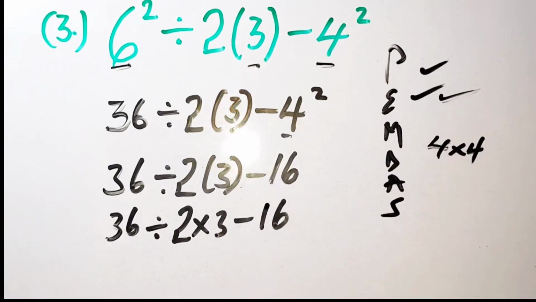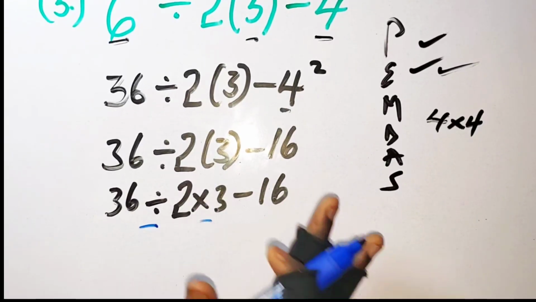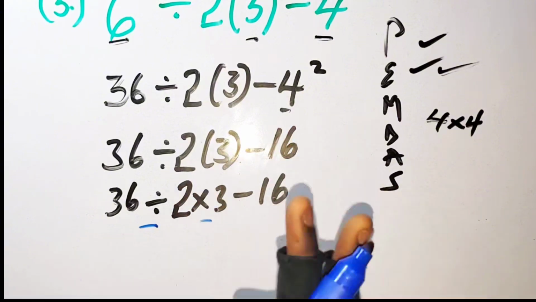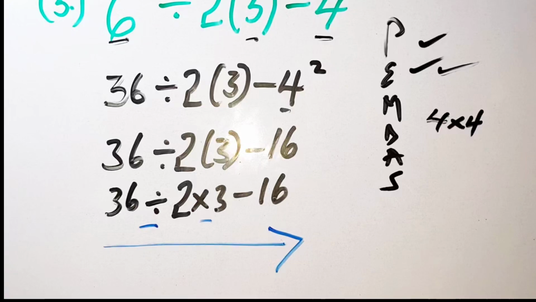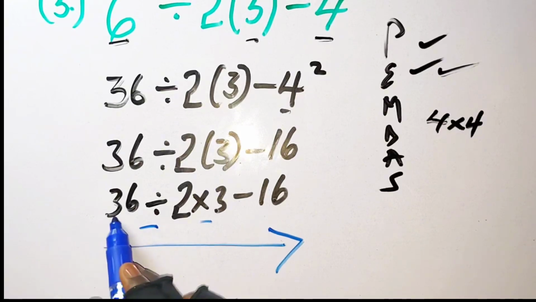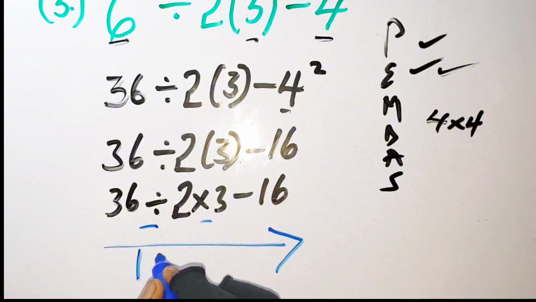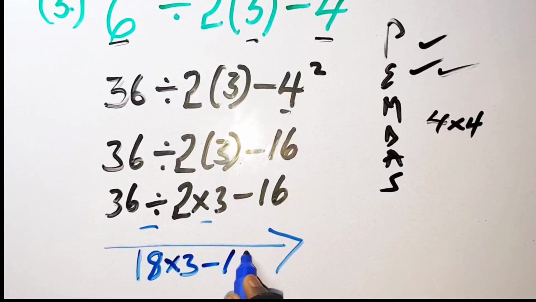Now, multiplication and division have the same priority, so we calculate them in the order they appear, from left to right. Okay, 36 divided by 2, that is 18. Then you drop the rest of the question.